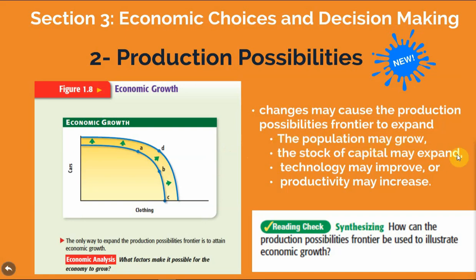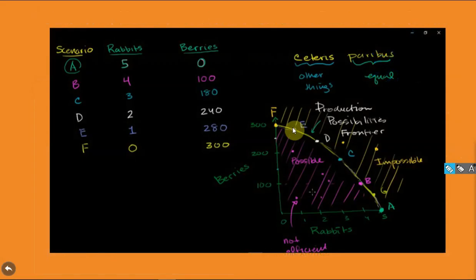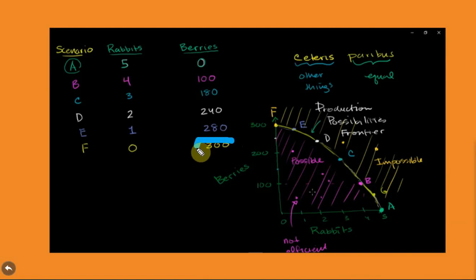To understand what I mean by the population, I'm going to go to our previous example over here. Let's say you are a company collecting rabbits and berries.